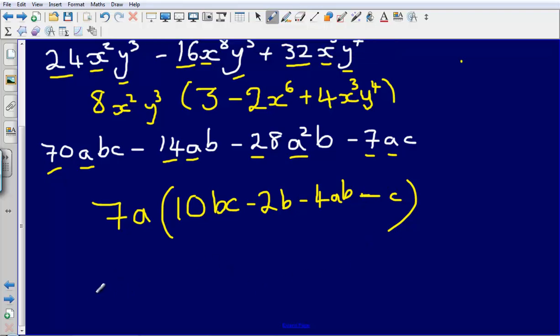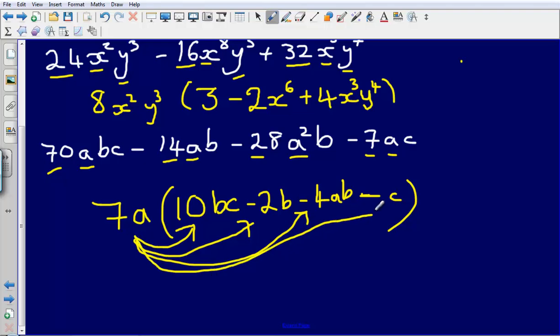We're going to do a little check on this one as well, just to show you a quick way that you can check whether your answer is correct, and that's just by expanding the bracket.